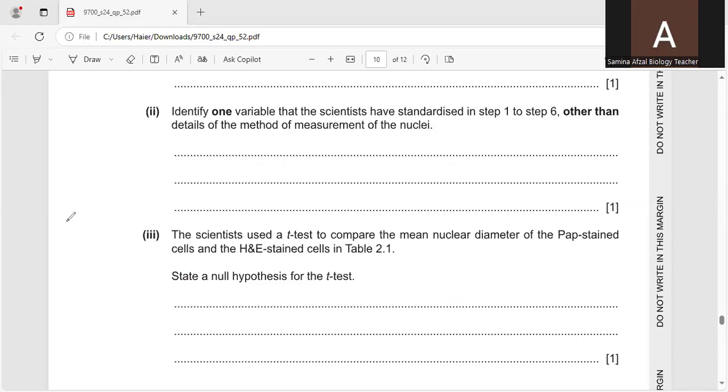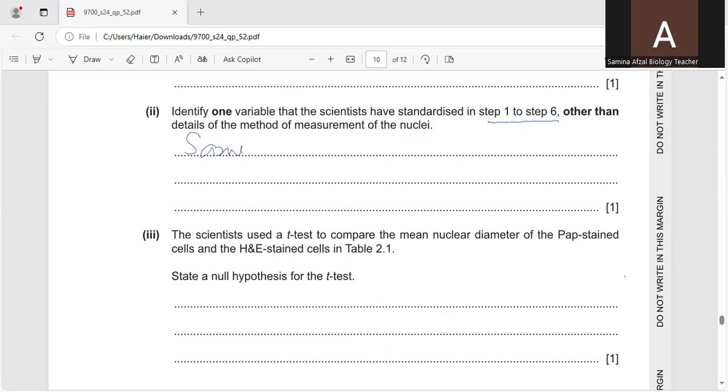So you can see when they adopt the method and follow the different steps, there are many points which should be kept in mind. First of all, there should be the same magnification when they measure them. As you know, they have used 400, it should be 400 for everyone.